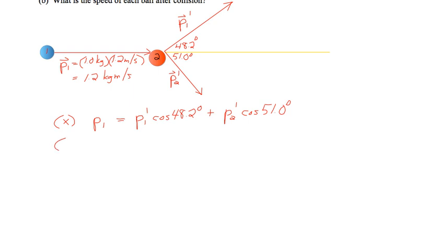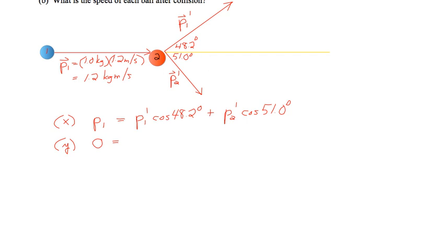So in the y direction, before the collision, there was no momentum in the y direction. It was all in the x. So we know that before collision, it's 0. And then after, one of these momentums is plus, and one of them is minus. If you look at this one, that's to the right and up, so that's your positive one. And this one is to the right and down, so that's your negative one.